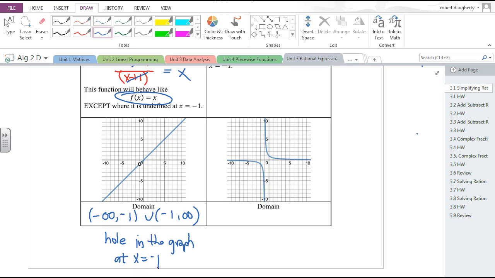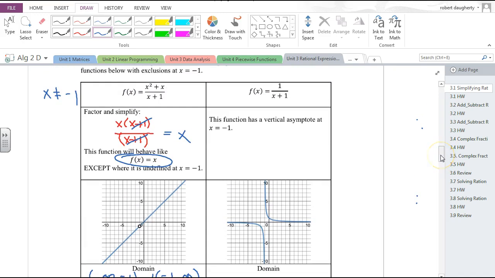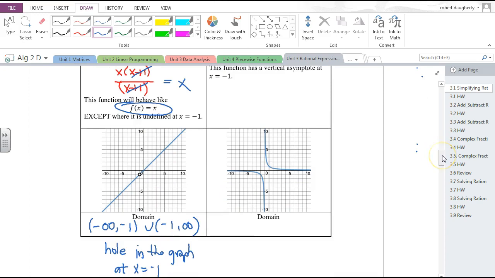But what happens is when I look at the simplification, there is no exclusion to this. Y equal x, that's a straight line. But my original problem, I cannot plug -1 into that problem because I get something that's undefined. So if I look at the domain of this function, it's every number except -1. So -1 is my exclusion.